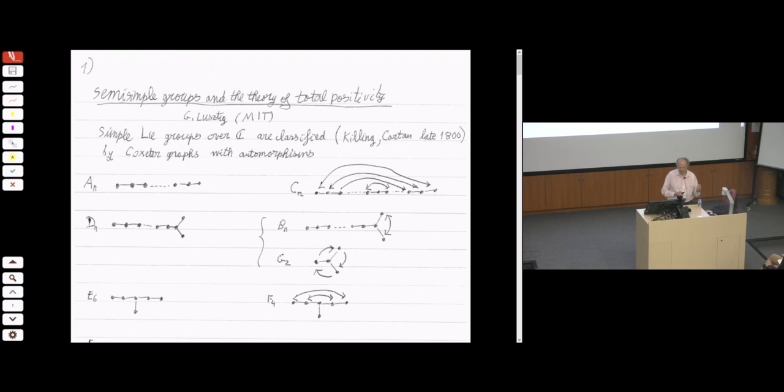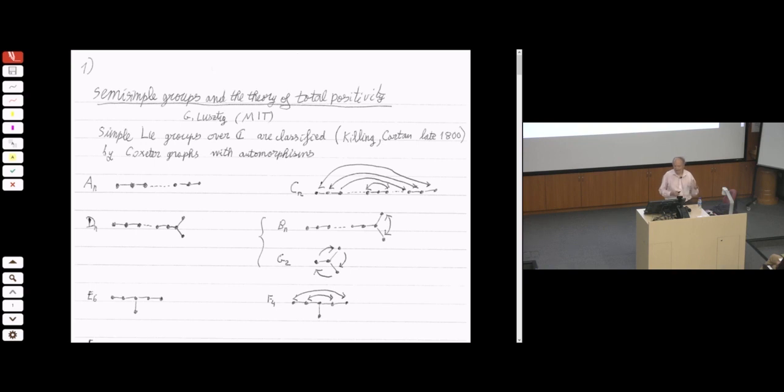The usual notation is some graph with double bonds or triple bonds, and I suggest that we use a different notation. Type Cn should be denoted like this, and Bn should be denoted like this. So there should be really a simply laced graph with some automorphism.